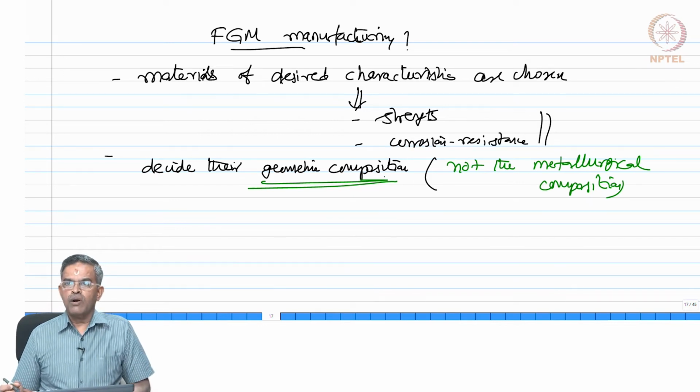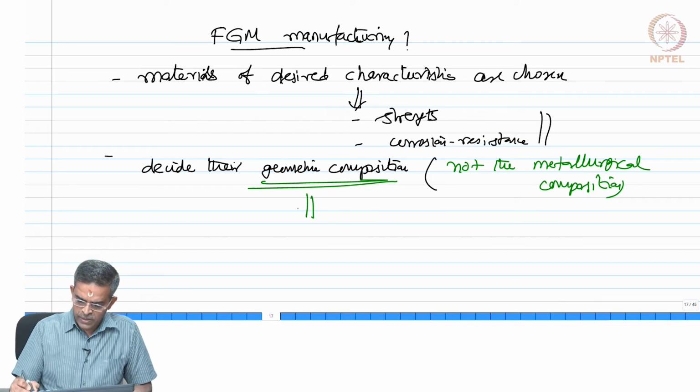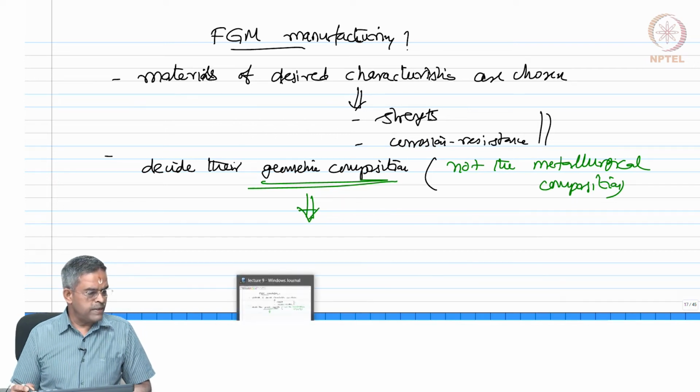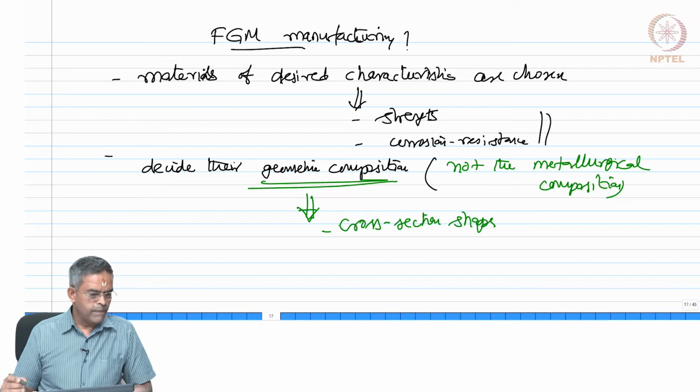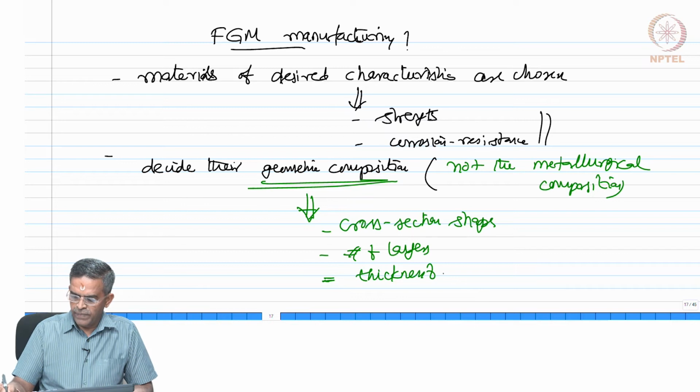What do you understand by geometric composition? It means we have to decide about the cross sectional shape, the number of layers, and of course the thickness of each layer and each material.